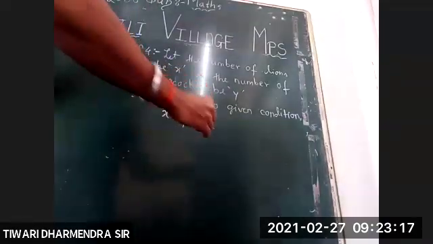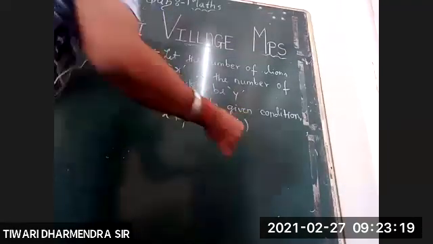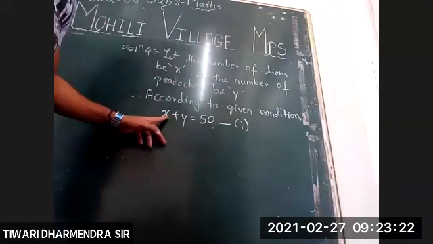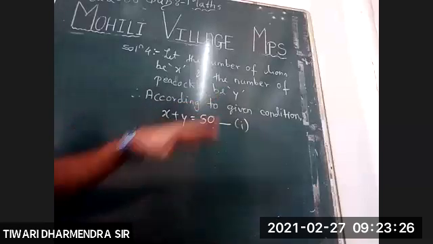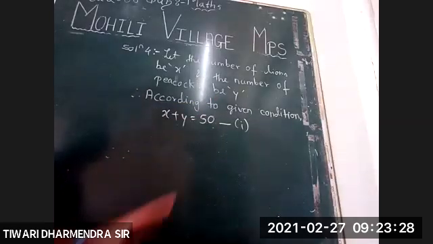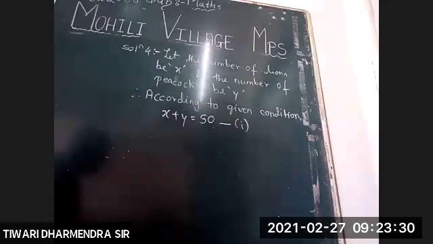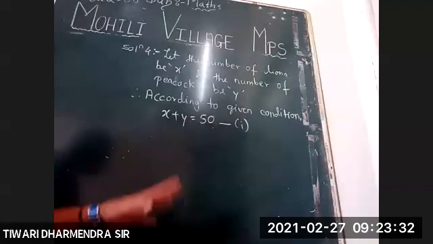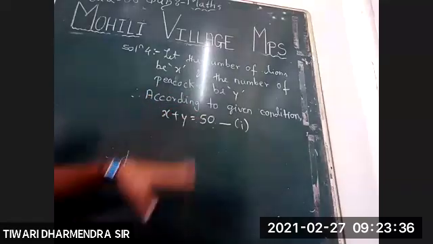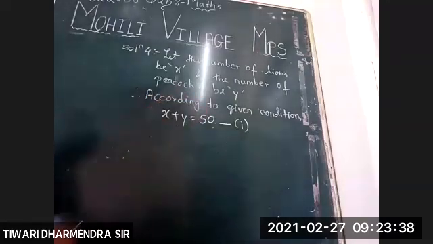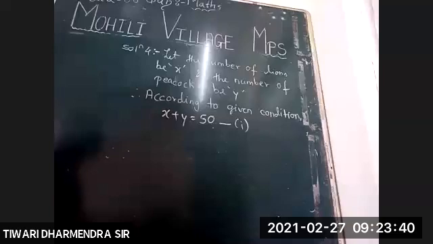This is my equation number 1. Very simple. The number of lions is X, the number of peacocks is Y, and their sum is 50, because we have assumed the number of lions and peacocks to be X and Y respectively.